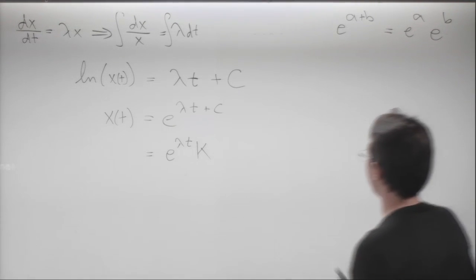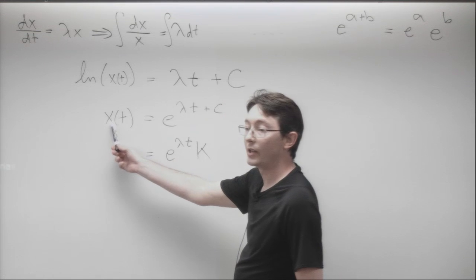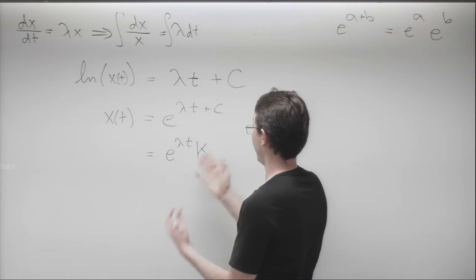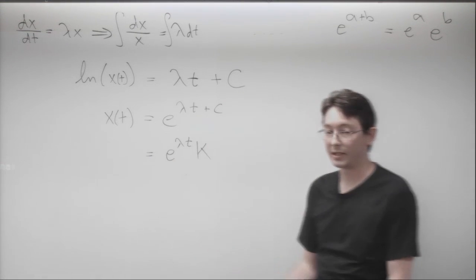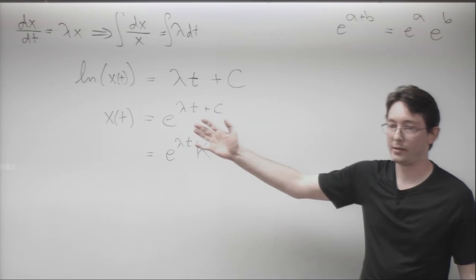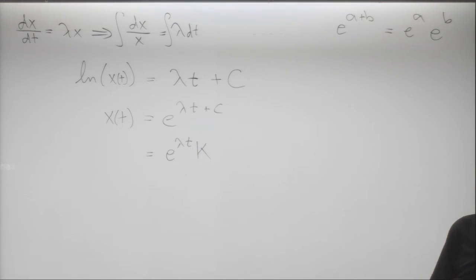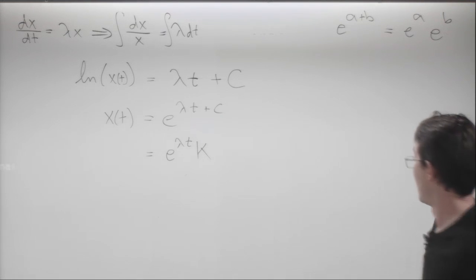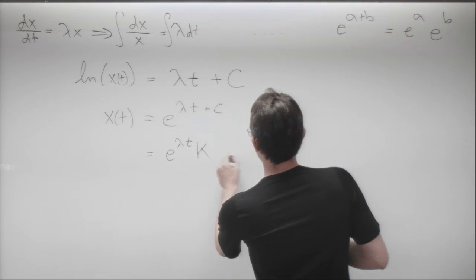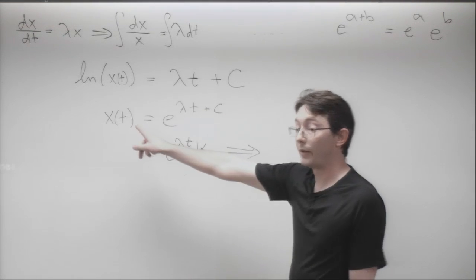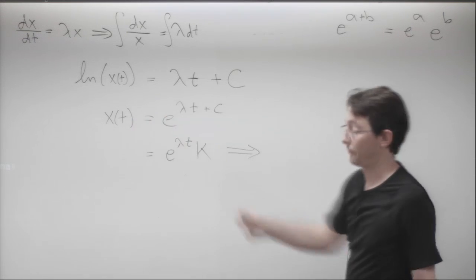Okay, we're getting there. So our function, our population x as a function of time looks like this exponential function, e to the lambda t, times some number k. So what's k? How would I figure out what k is? Well, okay, so what does initial condition mean? It means I look at what my function was at time 0. Okay?